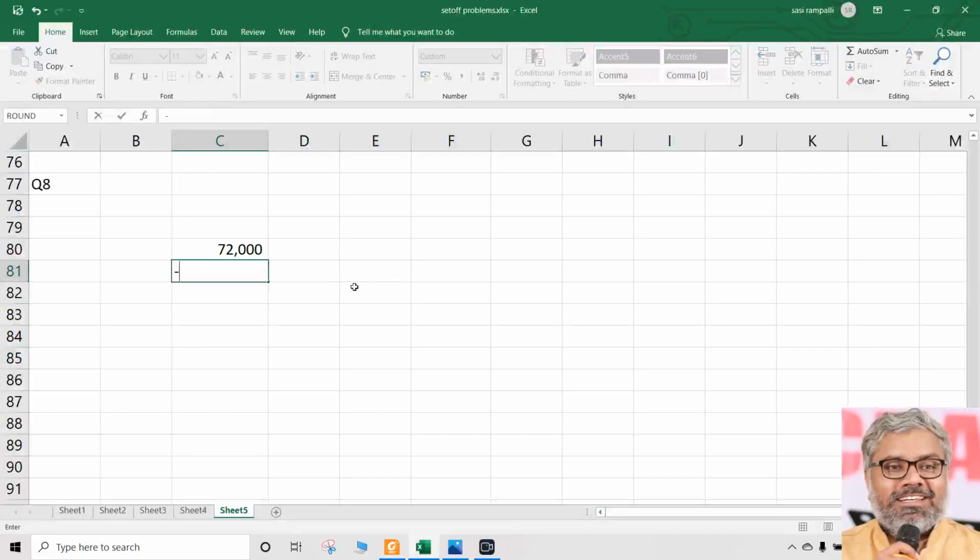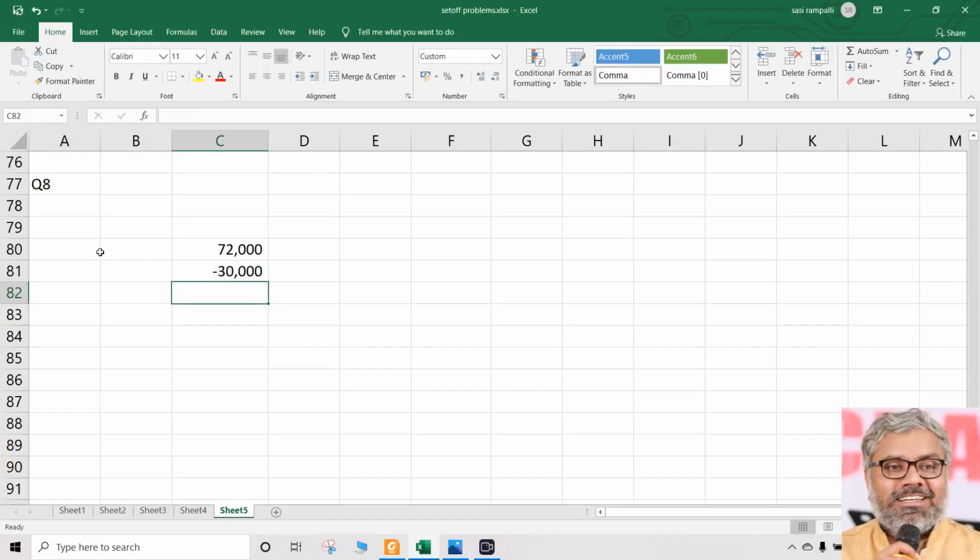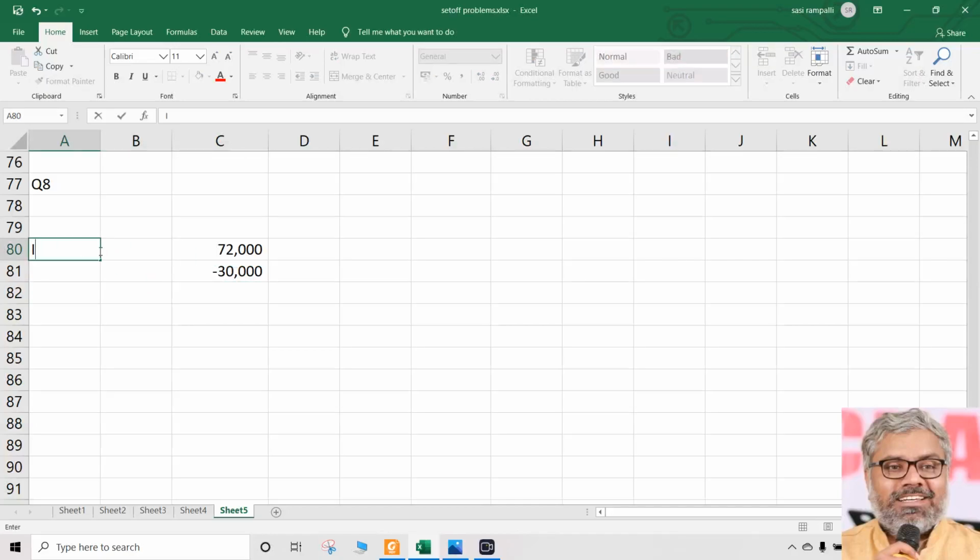So both can be done because it is intra-head only. There is no problem here. You don't need to wait till the end also. So that is guaranteed, definitely to be done. So this is income from house property. Let us call this house 1. This is house 2.